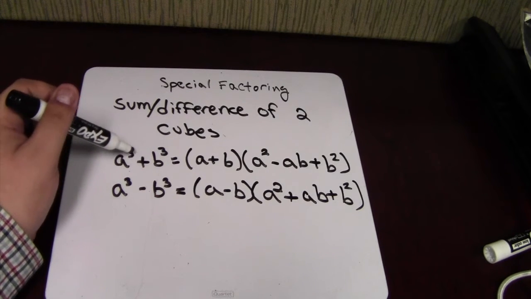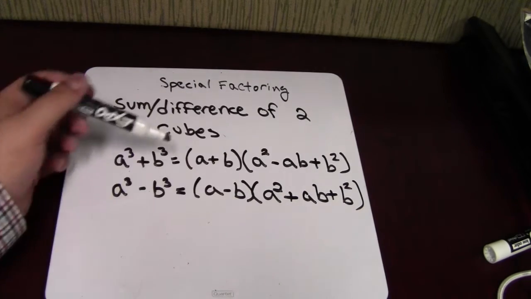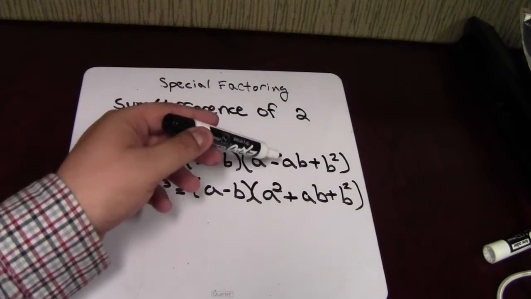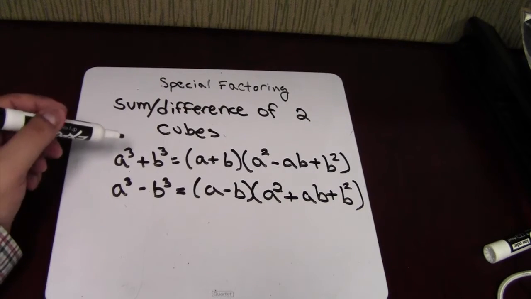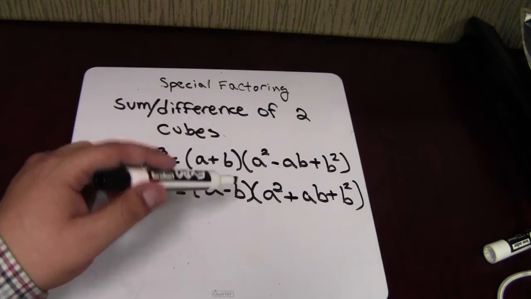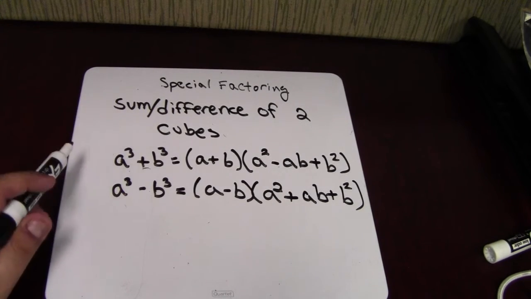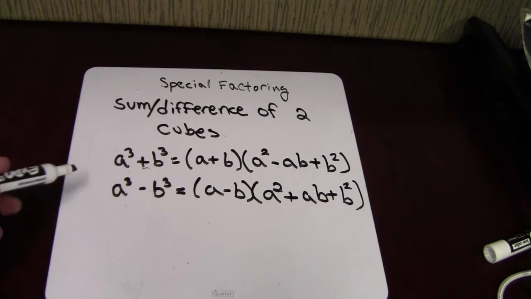When it's a cubed plus b cubed, we can factor it into a plus b times a squared minus ab plus b squared. And a cubed minus b cubed is a minus b times a squared plus ab plus b squared. Let's look at an example to factor a sum or a difference of a perfect cube so that we can see how this formula works.